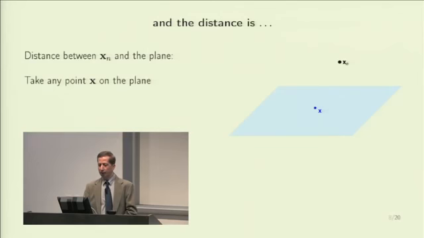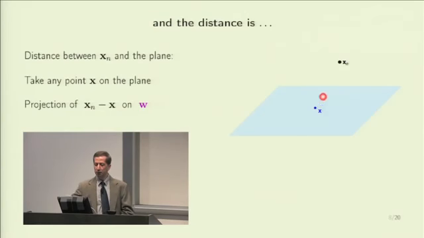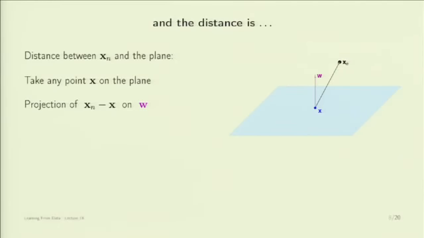And then you take the projection of the vector going from here to here, you project it on the direction which is orthogonal to the plane, and that will be your distance. So we just need to put the mathematics that goes with that. So here is the vector, and here is the other vector, which we know is orthogonal to the plane. Now, if you project this fellow on this direction, that length will give you the distance.